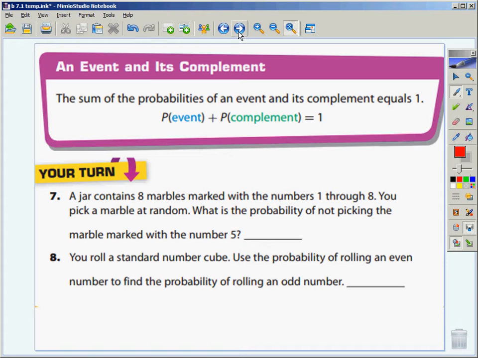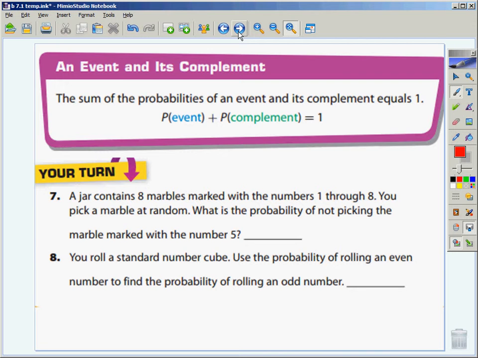At least two. Okay. I want to talk about using the complement to find something. When you're talking about the complement, you're talking about the opposite of it. So if I was talking about the probability of heads, the complement would be the probability of tails, not heads.